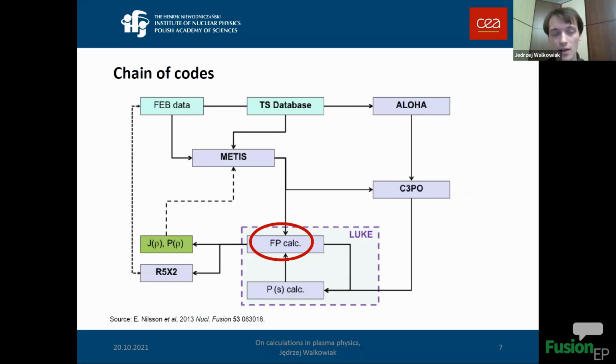For example, my colleague from the project I am working on was working on the Bremsstrahlung emission from the plasma when including the partial screening effect. And it came out that when you include the partial screening effect, the Bremsstrahlung emission can be changed by a factor of 2, for example, in some cases.